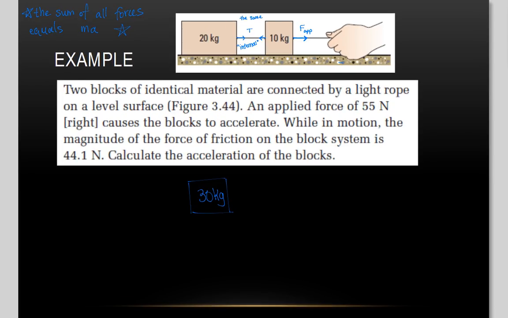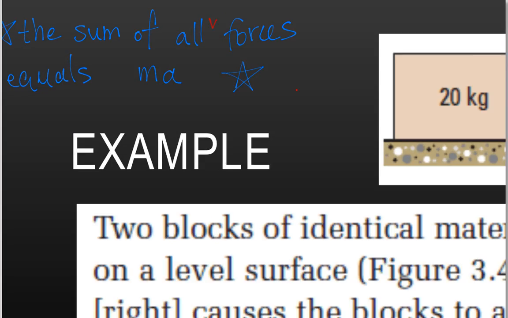And then what that does to our original definition is that instead of saying the sum of all forces, what we should say is the sum of all external forces. The sum of all external forces acting equals ma.